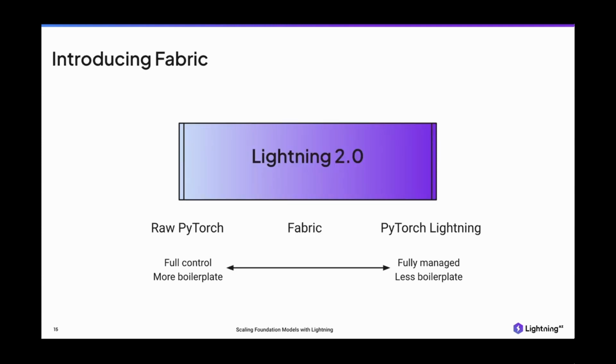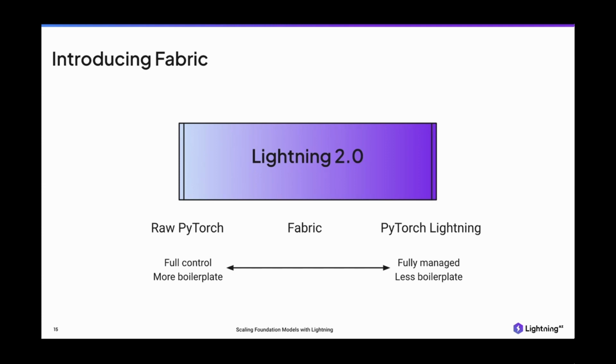And so with Lightning 2.0, which we released 3 weeks ago at this point, we introduced a gradient between raw PyTorch and PyTorch Lightning in the form of Fabric.